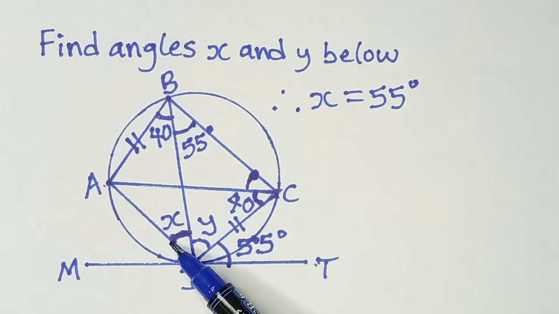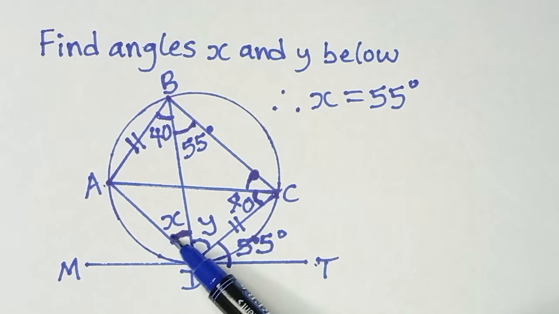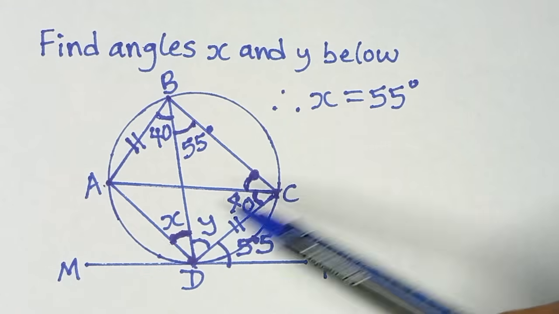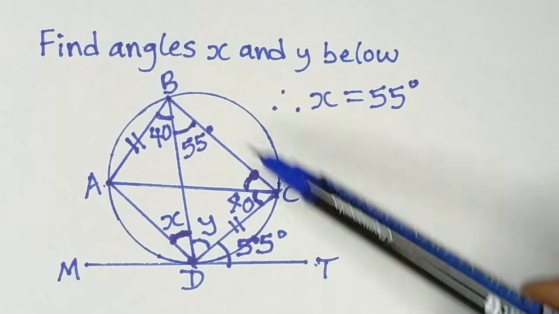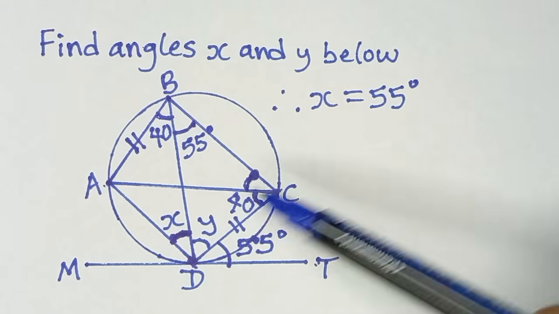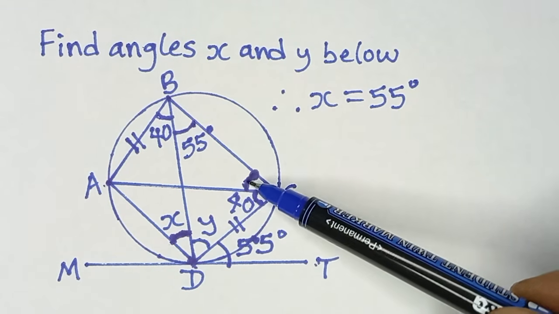The two lines make angle X. So you agree with me that this angle X and this angle that I just described are angles in the same segment, coming from the same points A and B. So angle X is in the same segment with this angle at point C here.